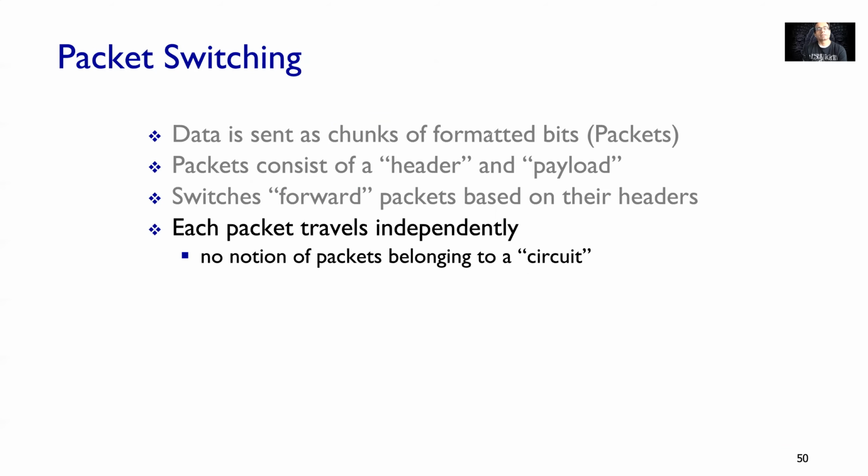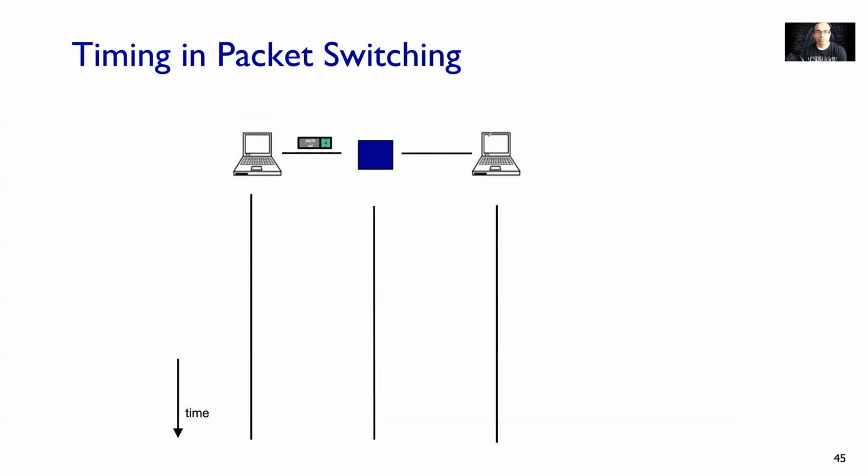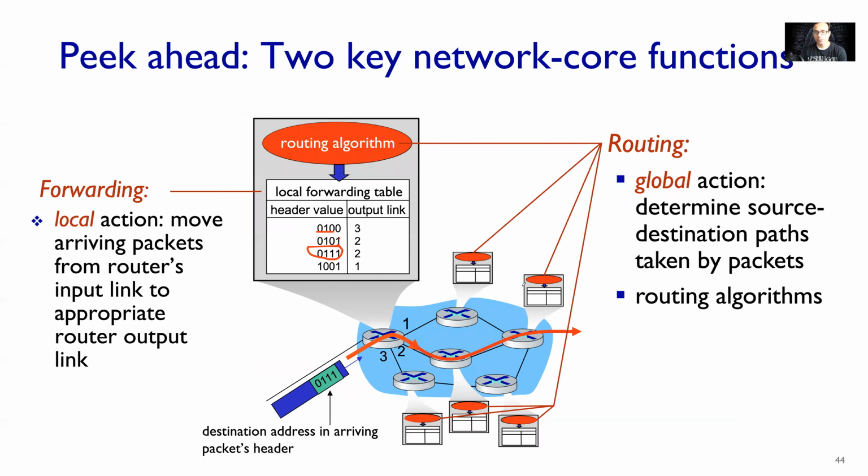And as a result, and the fact that the forwarding table itself could change depending on the state of the network, right? So for whatever reasons, if there are certain dynamics in the network and the routing algorithms decide to make some changes in the forwarding table, it may so happen that some of the packets from, say, a source here to a destination here might flow along this path.